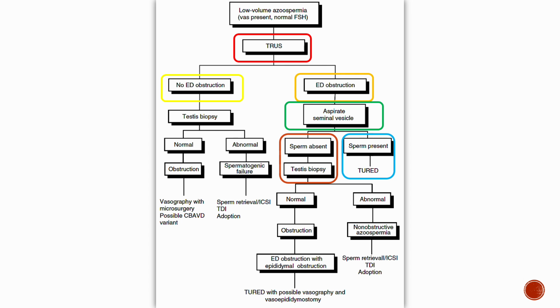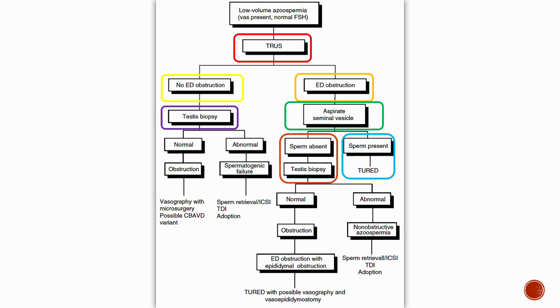Then if there is no ejaculatory duct obstruction, we will have to take the testicular biopsy, and depending on the biopsy, we will manage further. If the testicular biopsy is normal, it means the sperms are there. It might be that somewhere an obstruction is there which we are not able to make out by ultrasound, and vasography can be done, or simply the sperms taken out from the testis can be used for ICSI.